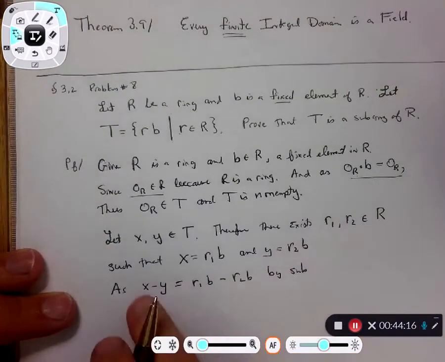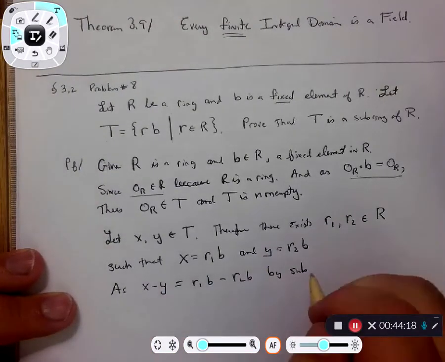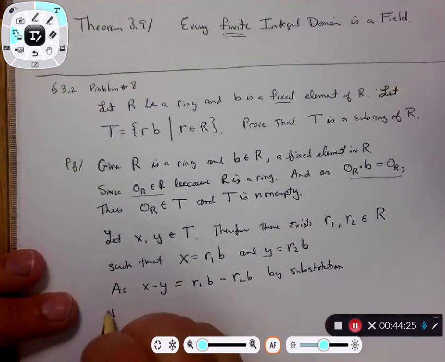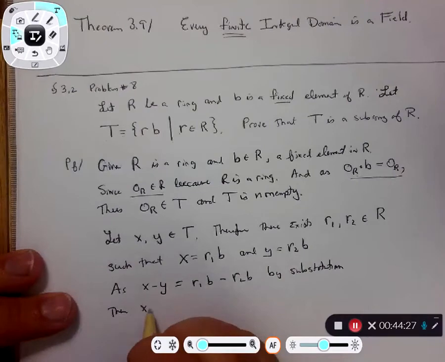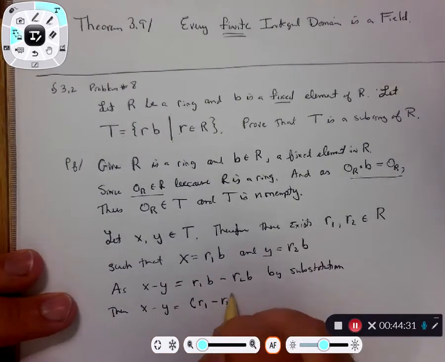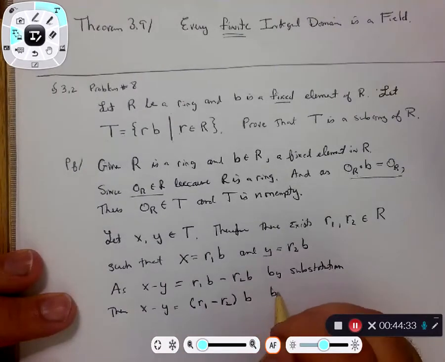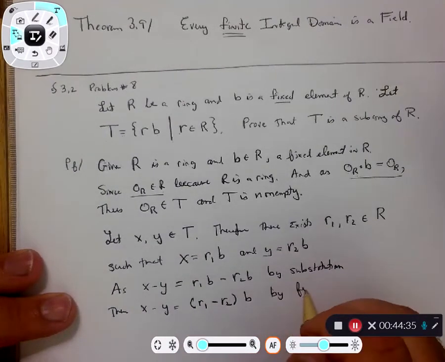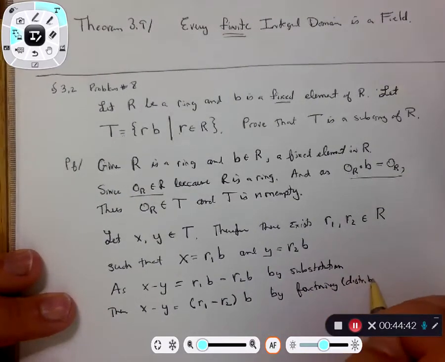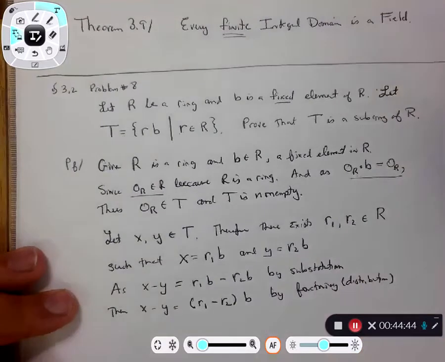I just substituted R1B and R2B for X and Y. Then X minus Y would be equal to R1 minus R2 times B by factoring. Factoring is a good word. Also, if you use the word distribution, I'm really happy with you knowing big words. So there it is, by factoring or the distribution property.